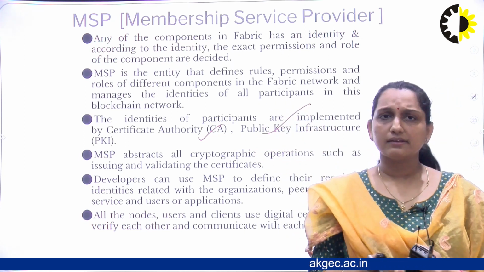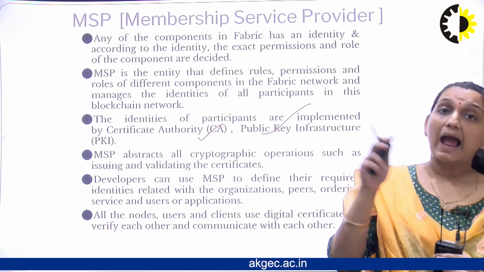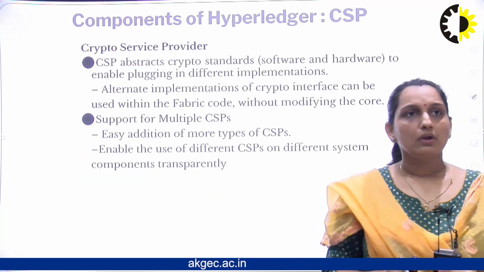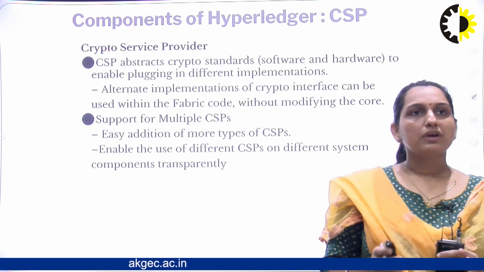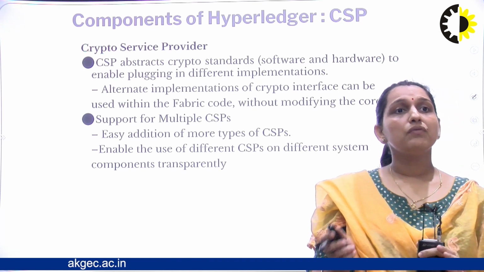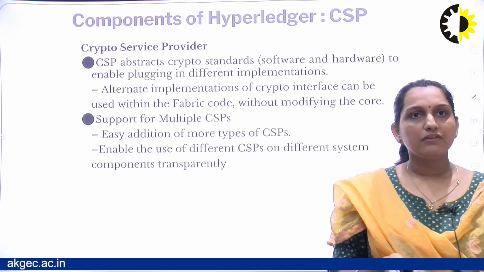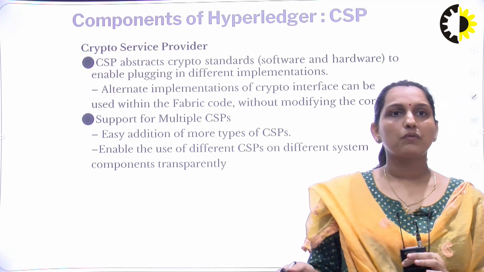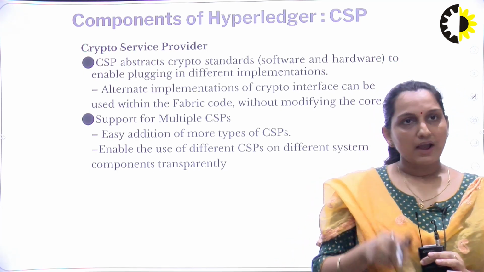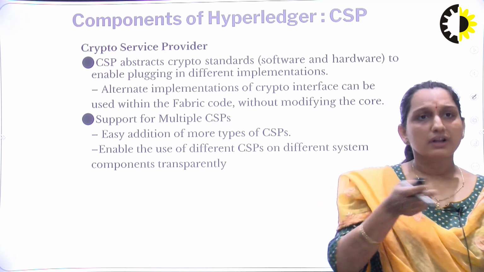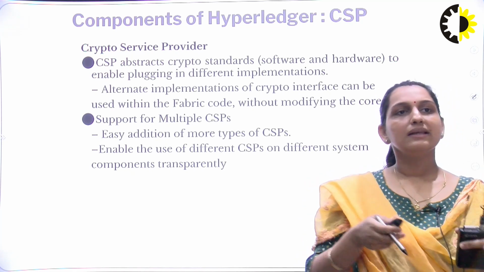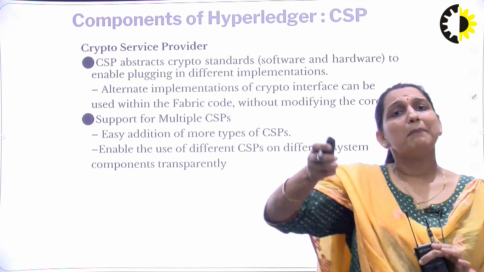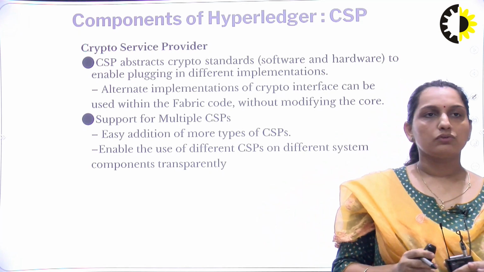All these things are provided when we add a member. Then there is the crypto service provider, where we plug in the implementation of hardware and software for these services. What libraries and interfaces you are using all have to be provided, and we can have multiple CSPs.